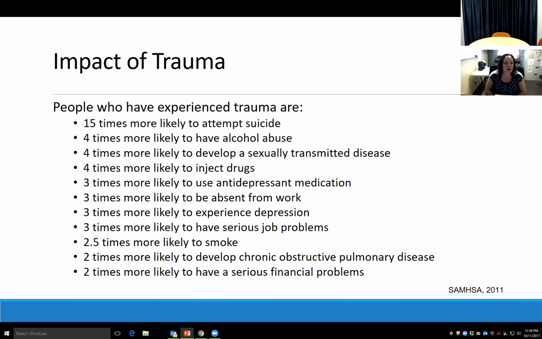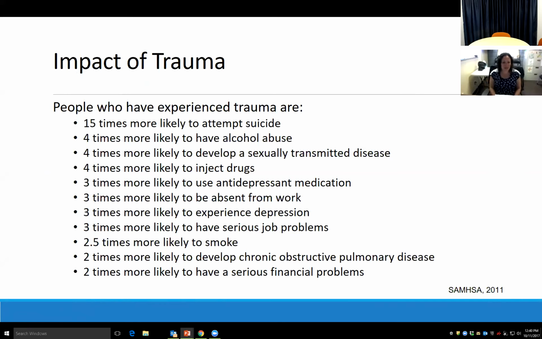But people who've experienced trauma are 15 times more likely to attempt suicide, 4 times more likely to have alcohol abuse, 4 times more likely to develop a sexually transmitted infection, 4 times more likely to inject drugs, 3 times more likely to use antidepressant medication, 3 times more likely to be absent from work, 3 times more likely to experience depression, 3 times more likely to have serious job problems, 2.5 times more likely to smoke cigarettes, 2 times more likely to develop chronic obstructive pulmonary disease, and 2 times more likely to have a serious financial problem.